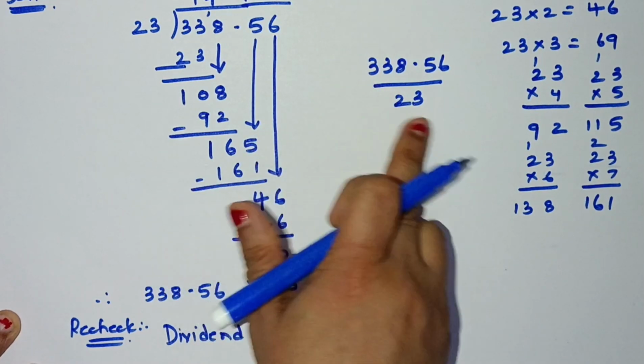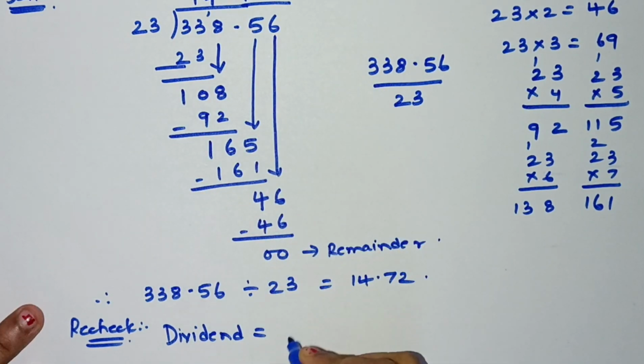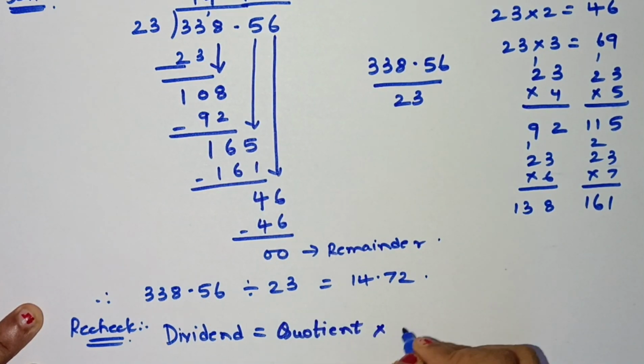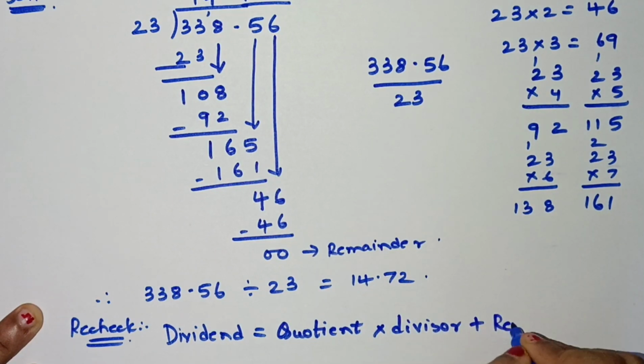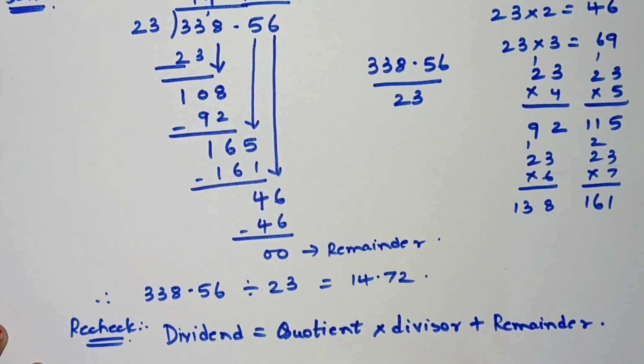So dividend divided by divisor. Okay. So dividend is equal to quotient into divisor plus remainder. Once you get the RHS, the right hand side answer should match the LHS, that is the left hand side. Did you understand till here?